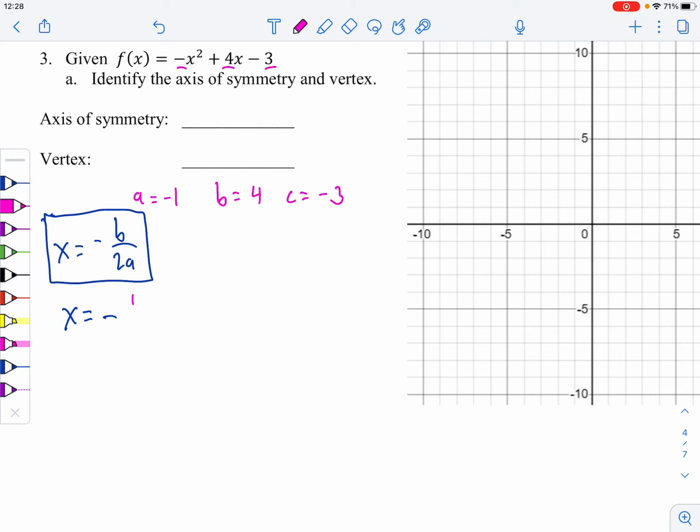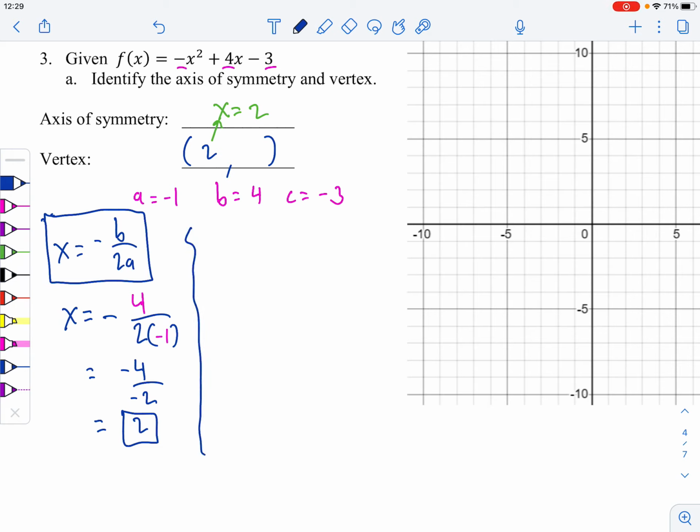So B is 4 over 2 times our A, which is negative 1. So that's negative 4 over 2 times negative 1, negative 2. Negative 4 divided by negative 2 is positive 2. So our vertex has positive 2 as our x value, and that also gives us our axis of symmetry, x equals 2.